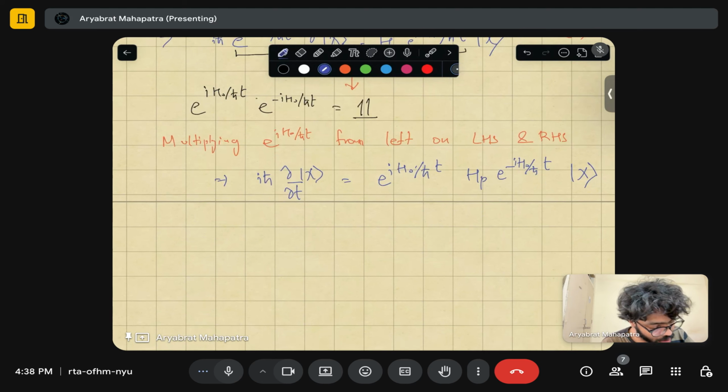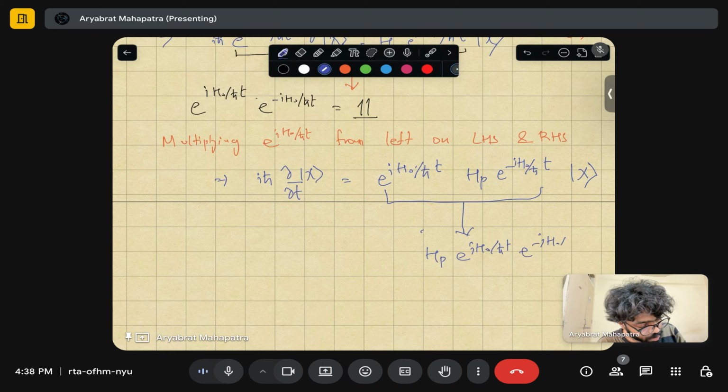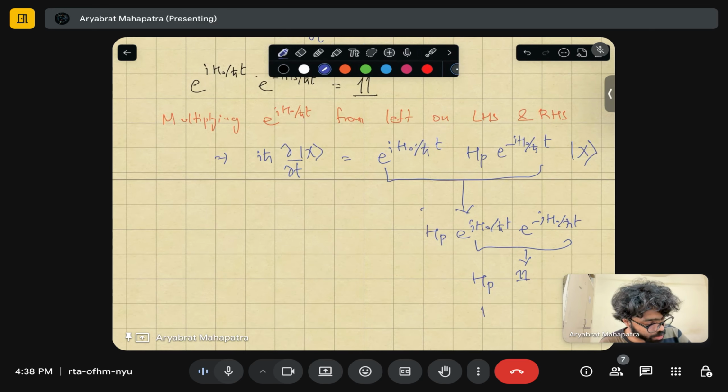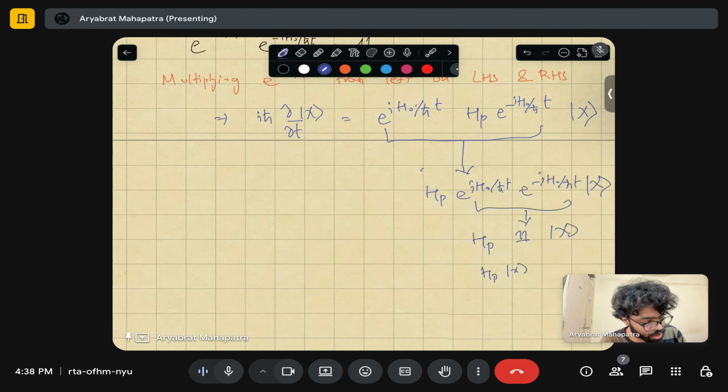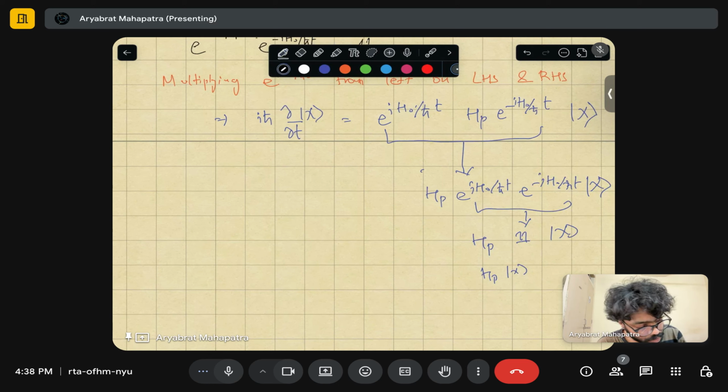I cannot do this as you might suggest: writing this as hp times exponential of I h0 over h bar t and exponential of minus I h0 over h bar t, which would cancel to give identity, and hp times identity is hp, so hp chi. But this is not true. This is incorrect.